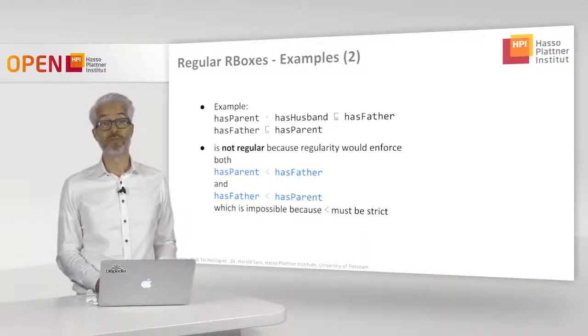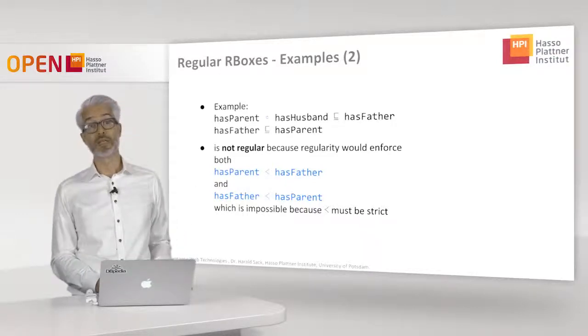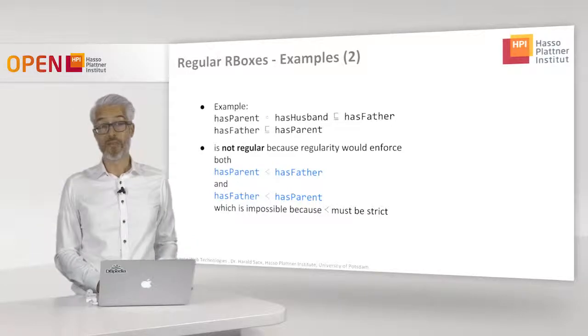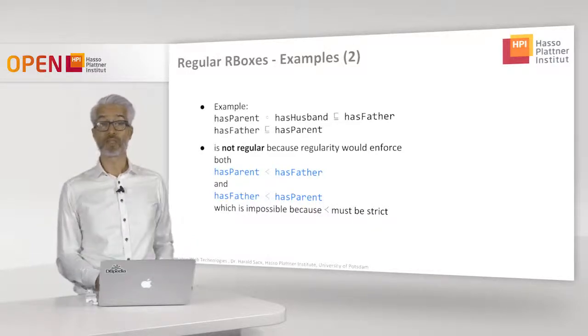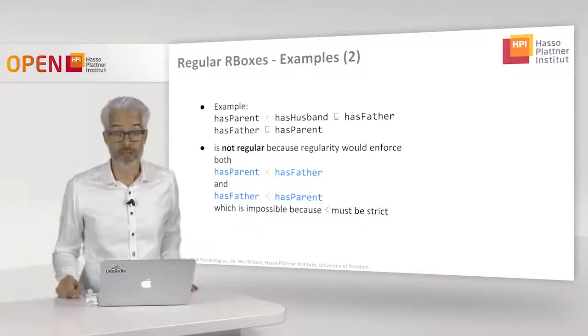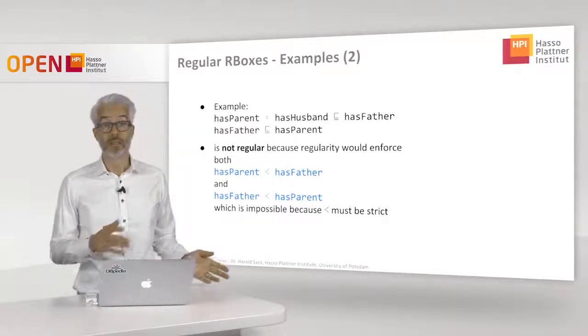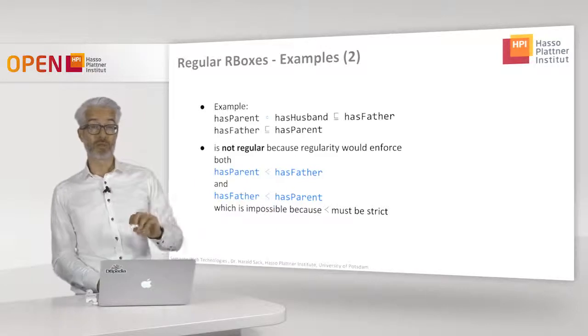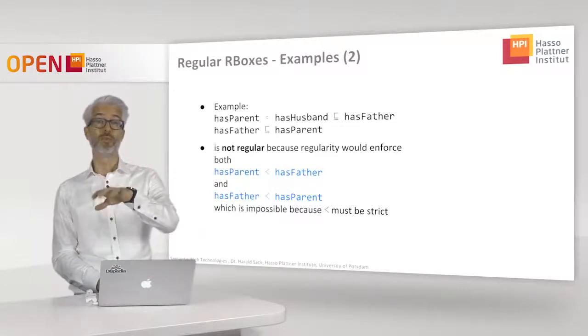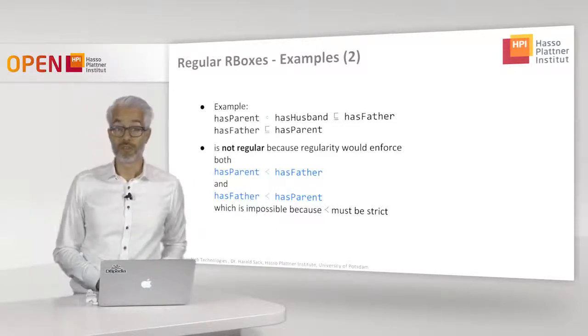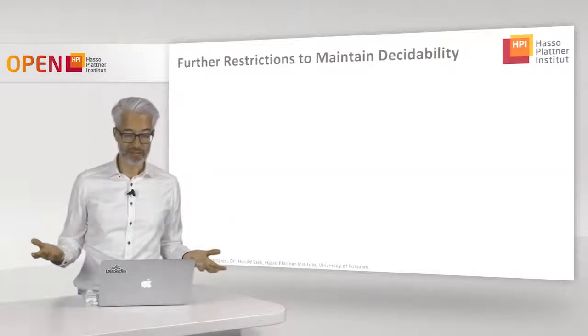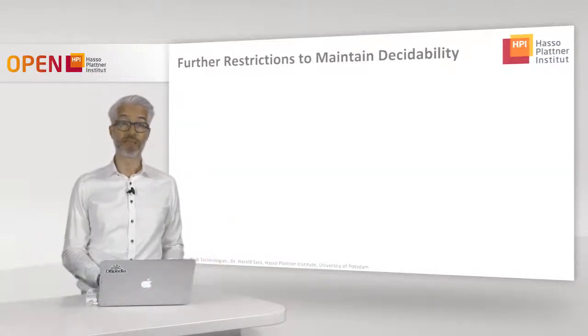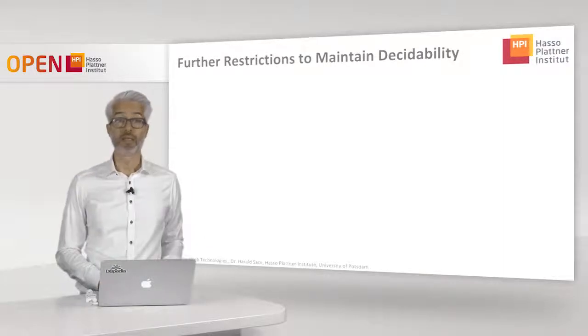This would only work if both properties really are the same, but it's not the case. And of course, the ordering must be strict. Therefore, it's not regular. So we have to distinguish between regular and non-regular R boxes, and only property inclusions which fulfill this condition are valid for OWL, because otherwise it becomes undecidable.